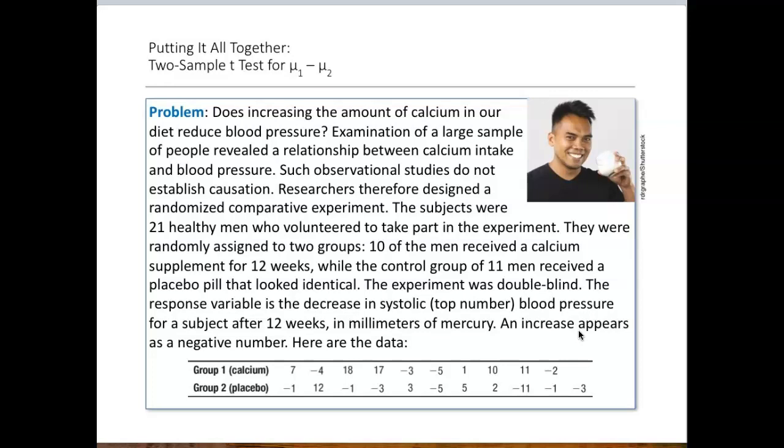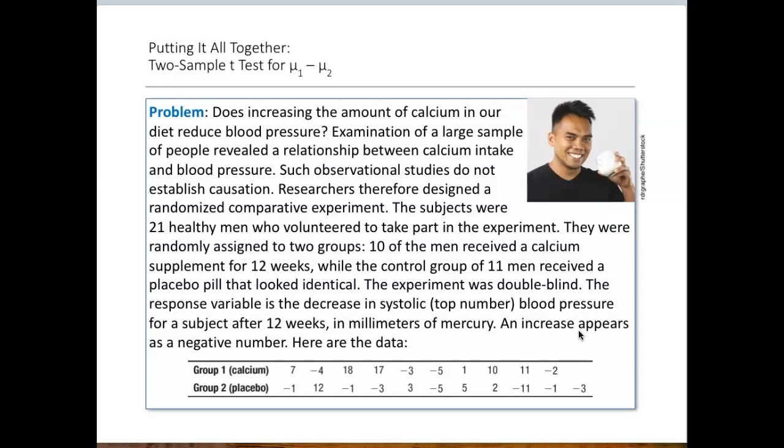The subjects were 21 healthy men who volunteered to take part in the experiment. They were randomly assigned to 2 groups. 10 of the men received a calcium supplement for 12 weeks, while the control group of 11 men received a placebo pill that looked identical. The experiment was double-blind.